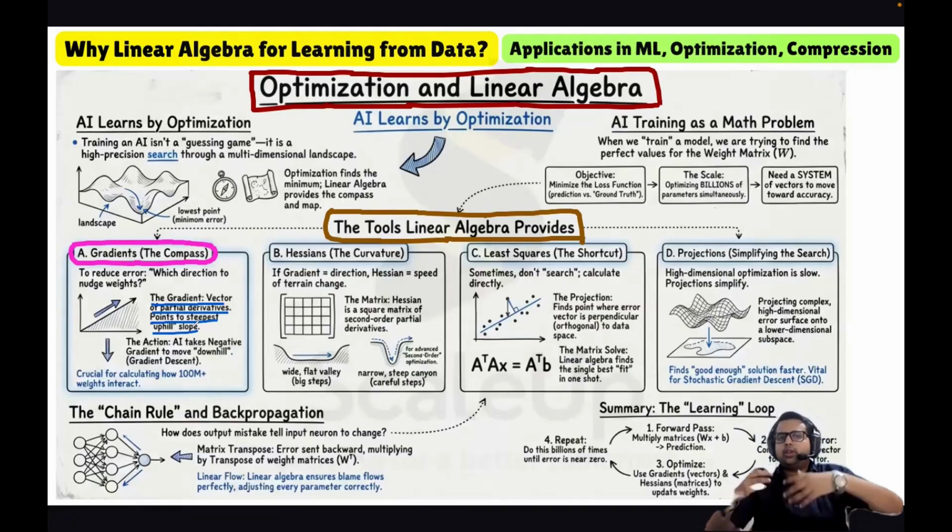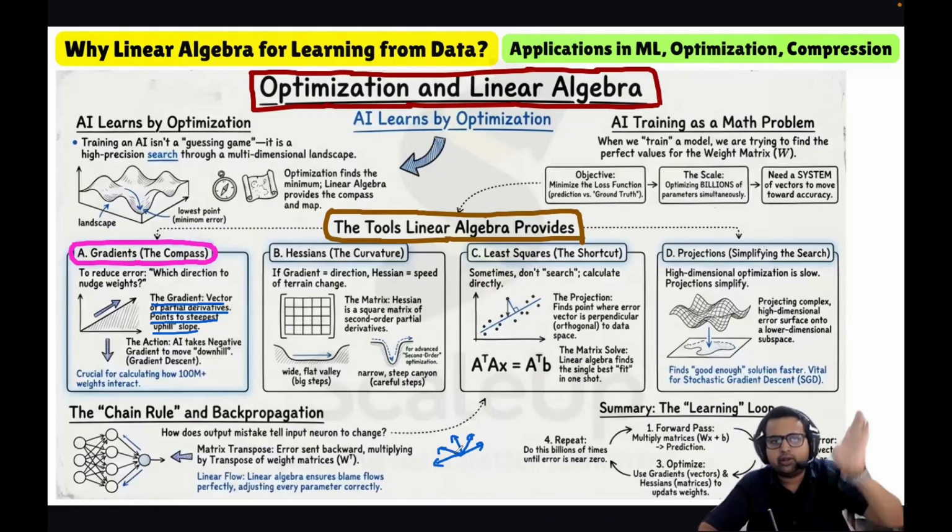In terms of linear algebra, you can consider the gradient to be a vector which is pointing to the steepest uphill slope. The idea is that you are at a point. From this point, in different directions, you might have different vectors with different steepness.